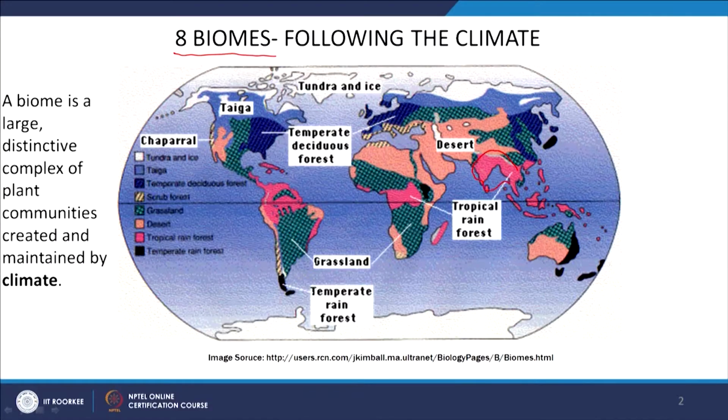So you can see here, in India we have the tropical rainforest, whereas in parts of Europe we have the temperate and deciduous forest. But if you go a little above, you have the taiga, and a little colder above, we have the tundra and the ice.